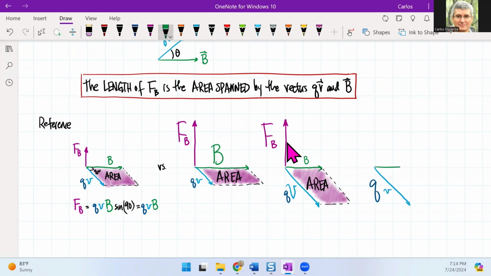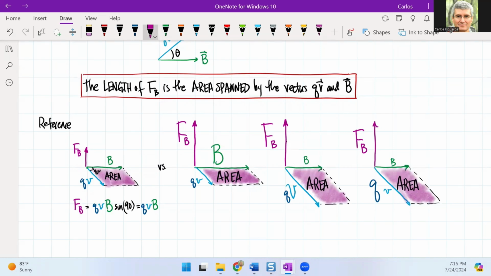So therefore, my magnetic force can be equally as large here as these other situations. So in other words, I can have the same area 3 different ways.